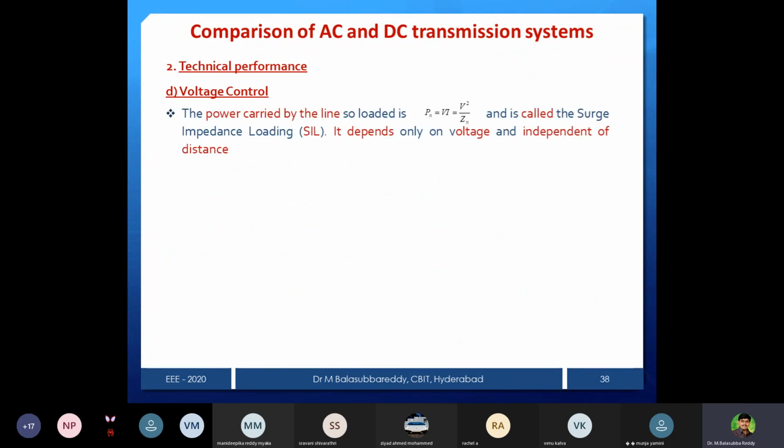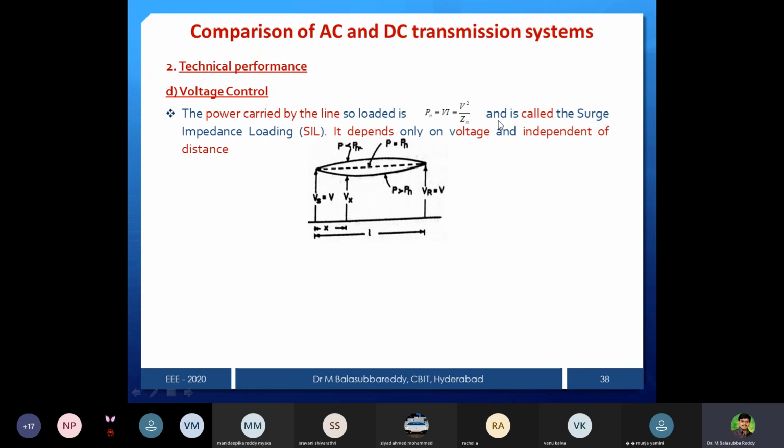Now how the control takes place: we have to maintain voltage constant. The power carried by the line, Pn, is V into I, that is equal to V square by Zn, called the surge impedance loading. It depends only on the voltage and impedance of the line.